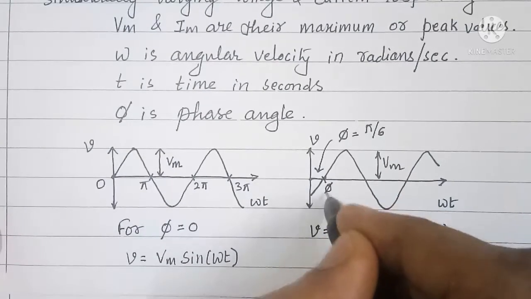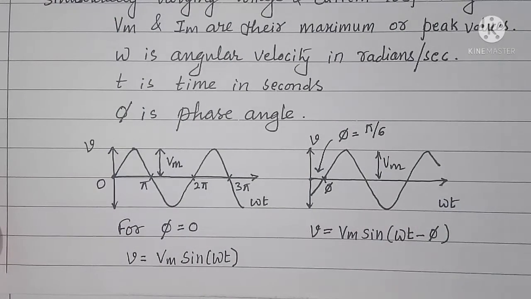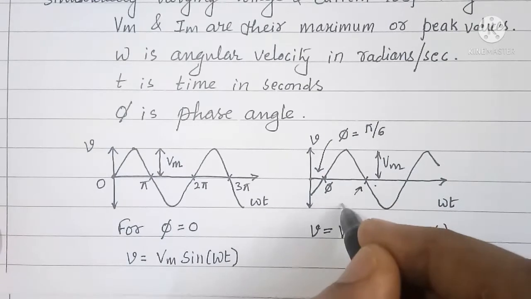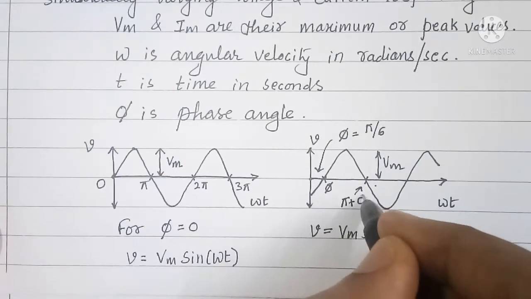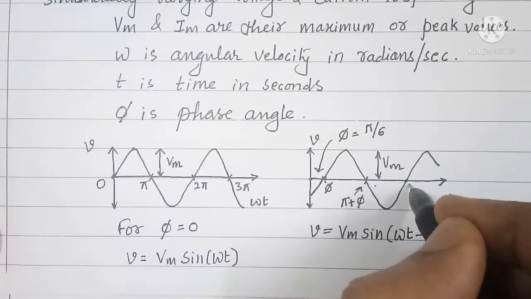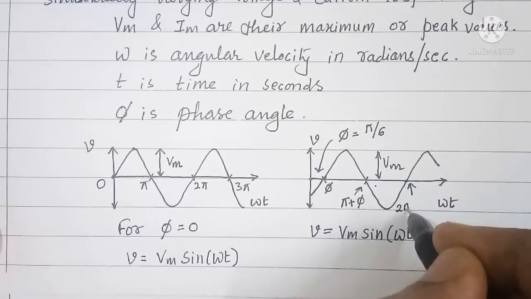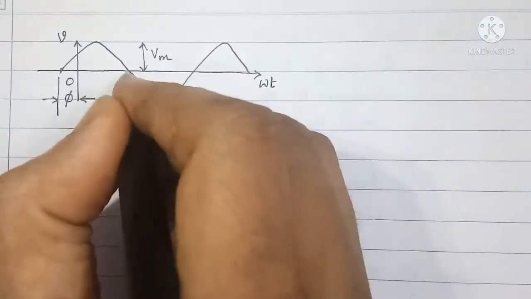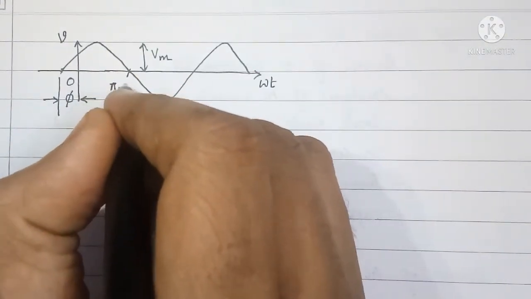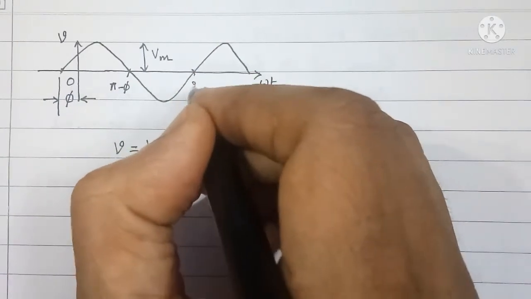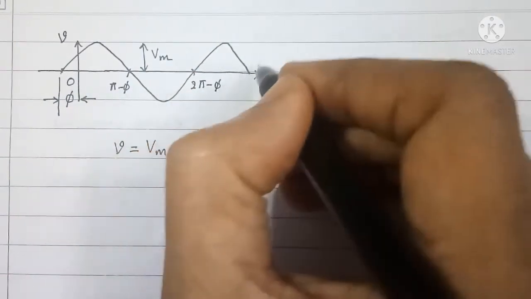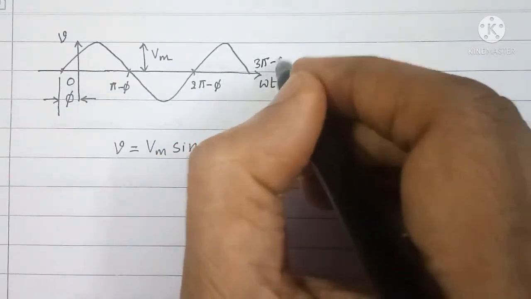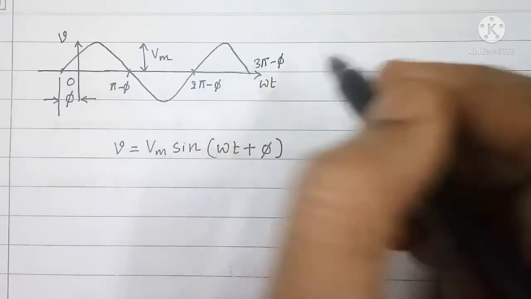But here it is phi, therefore here it will be now pi plus phi, and here it will be 2 pi plus phi, and here it will be pi minus phi, 2 pi minus phi, 3 pi minus phi.